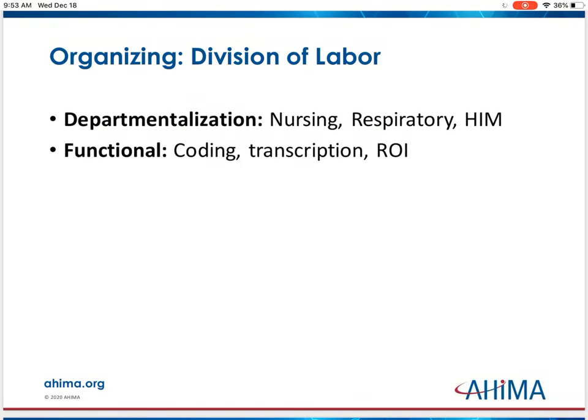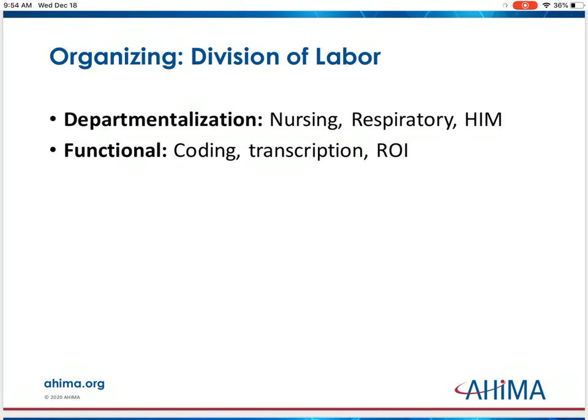A common division of labor in healthcare is departmentalization by function. So you have a nursing department, you have a respiratory department, you have an HIM department, you have housekeeping, maintenance, patient financial services. Division of labor by function allows for specialization among employees, which leads to efficiency and quality of patient care.